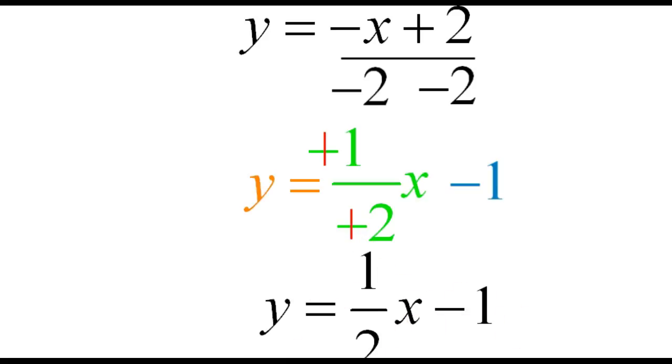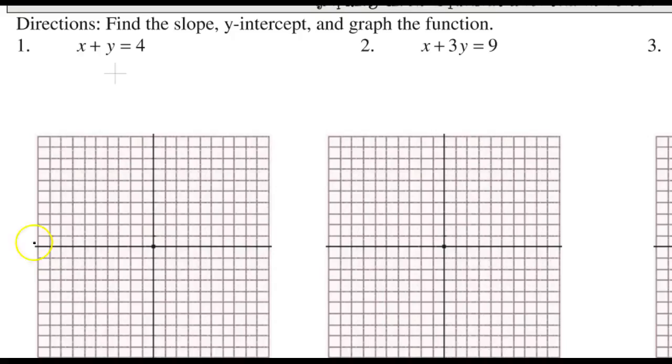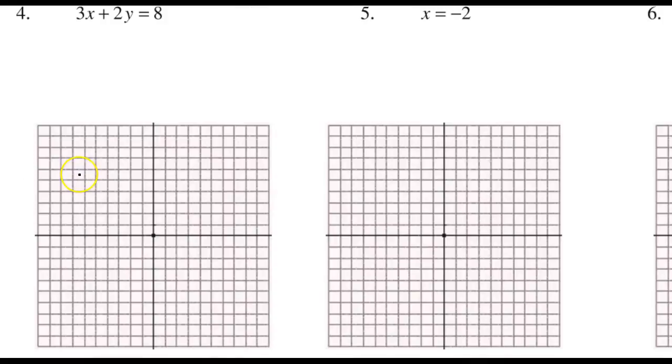Okay. So we're going to look at another one right now and do a few more just like this. Skip down to number 4 and let's try this out. Follow along, write it down with me. We have 3x plus 2y equals 8. Our first step, of course, is to get that x on the other side.